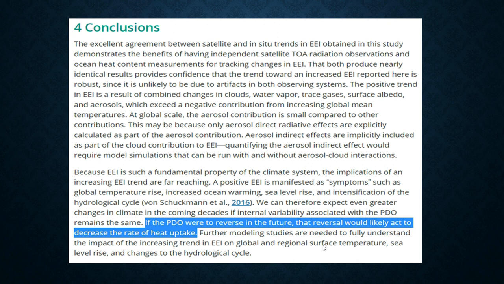We can therefore expect even greater changes in climate in the coming decades if internal variability associated with the PDO remains the same. If the PDO were to reverse in the future, that reversal would likely act to decrease the rate of heat uptake. Further modeling studies are needed to fully understand the increasing trend.